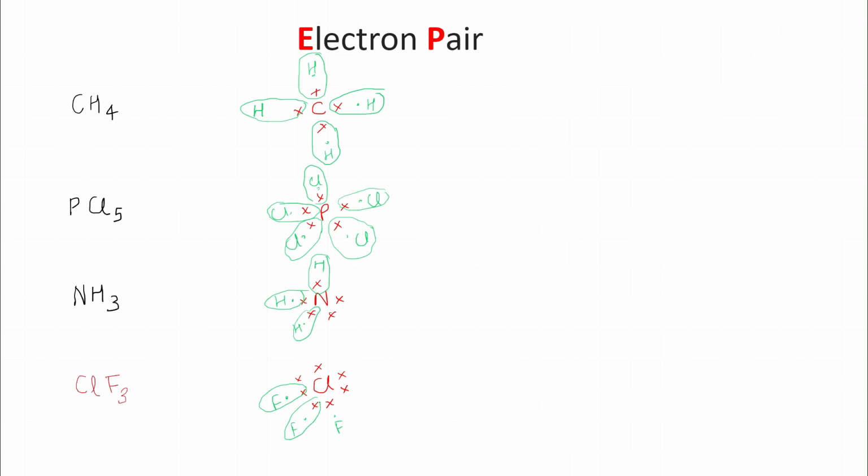Now let's dive into what's different between the top two and the bottom two. Here, how many pairs do we have? We have 4 pairs, that is, all 4 of them are bonded: 4 bond pairs.